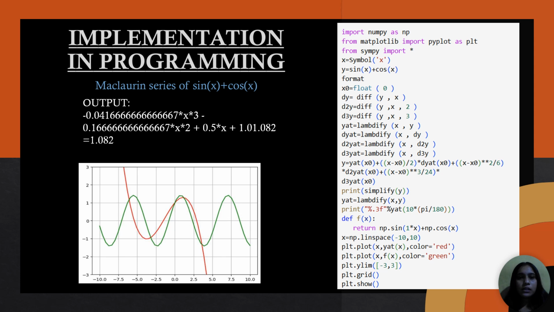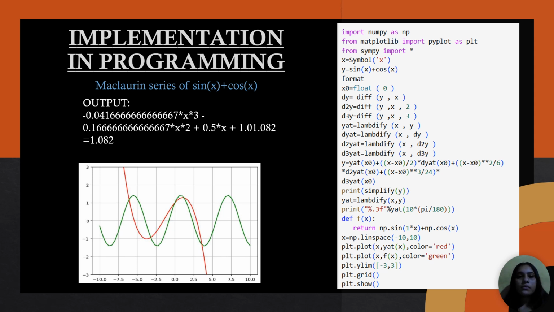And then the red curve represents the third degree, as we took the expansion till the third degree. In this expansion, as we can see, the Maclaurin series polynomial expression matches the values of the first three derivatives of the original function.